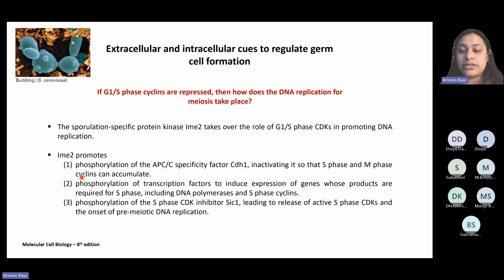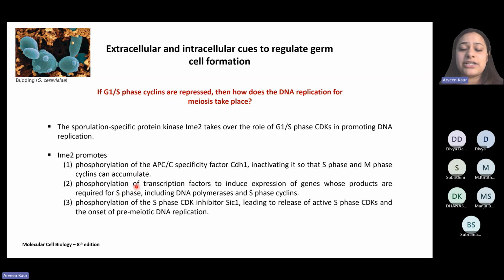It promotes phosphorylation of the APC/C specificity factor CDH1, which inactivates it, so that the S phase and M phase cyclins can actually accumulate.